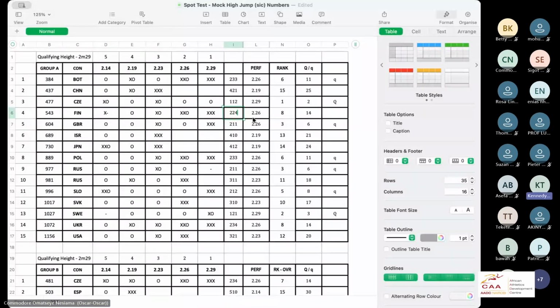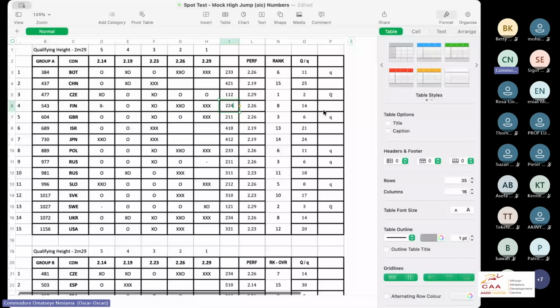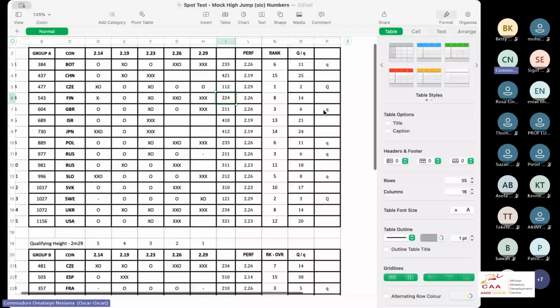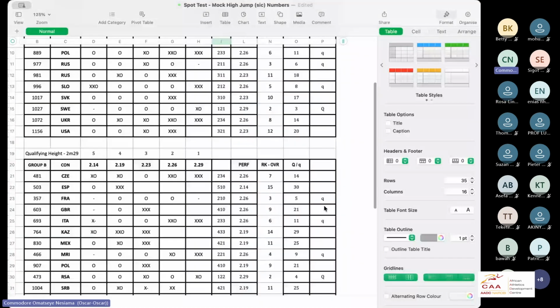Okay. So any further questions, any contributions, any new approach? Then we compare the results. I hope this result is in order, talking about the number, the ranking and the qualifiers. 1, 2, 3, 4, 5, 6, 7, 8, 9, 10, 11, 12, 13 qualifiers.